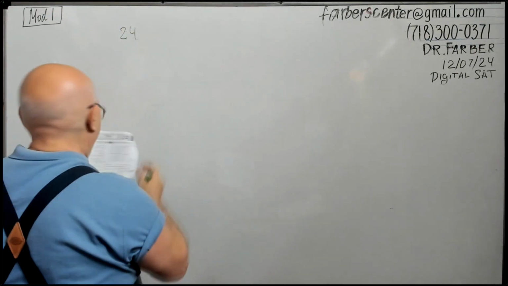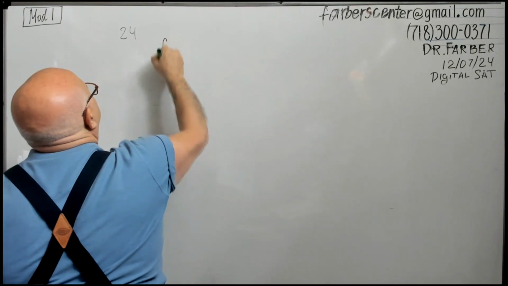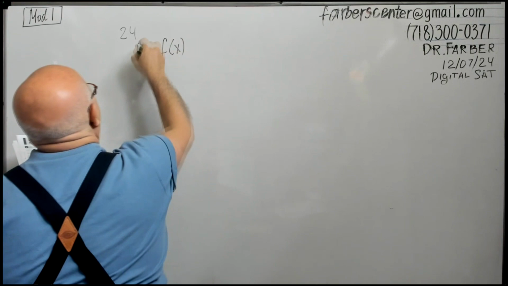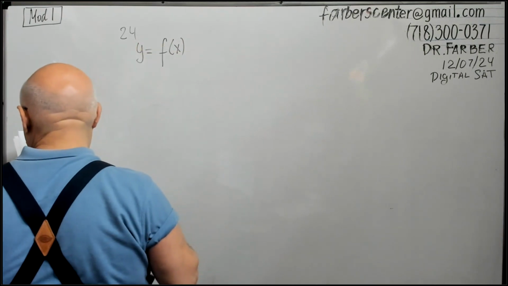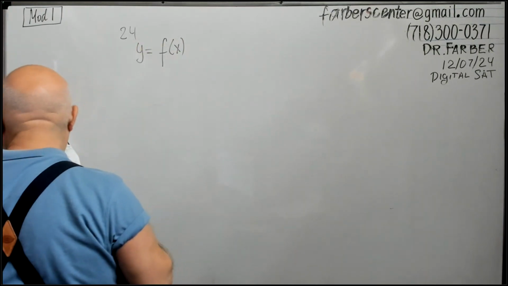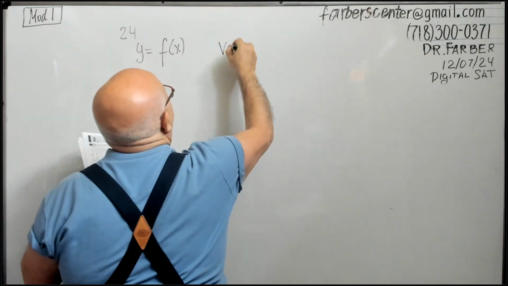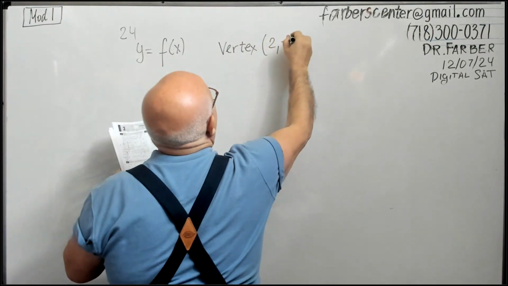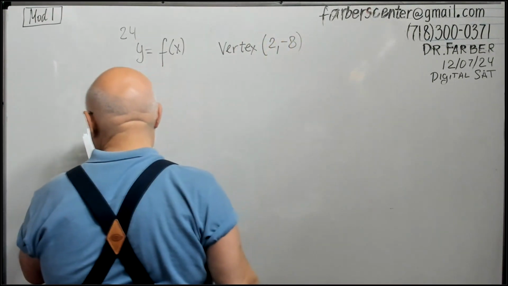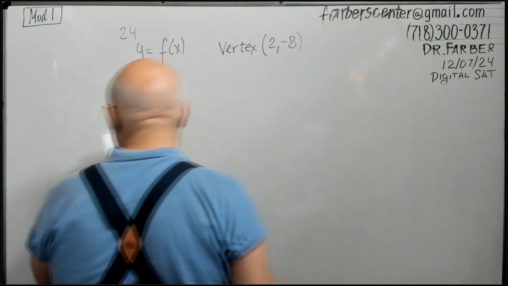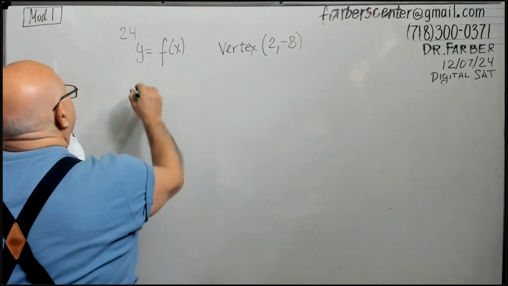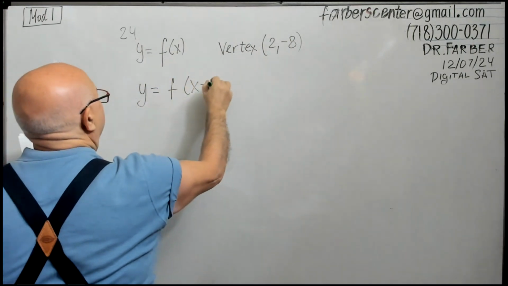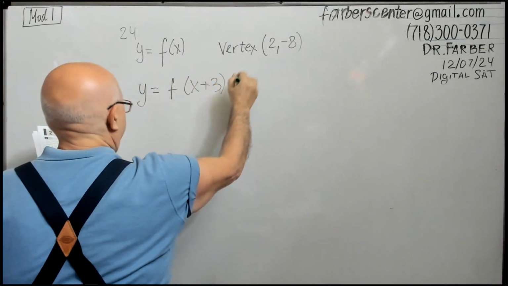What do we have? You have f of x, and this is y, and the vertex at (2, negative 8). Find the coordinates of the vertex for y equals f of x plus 3 plus 10.